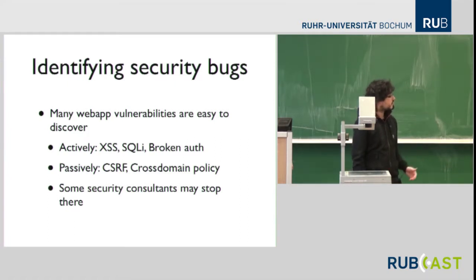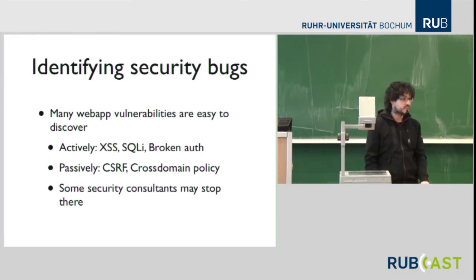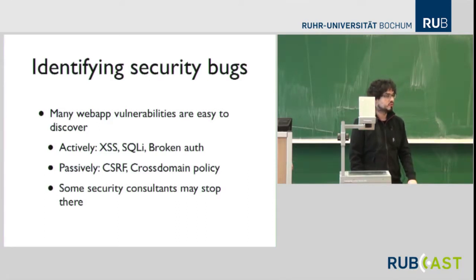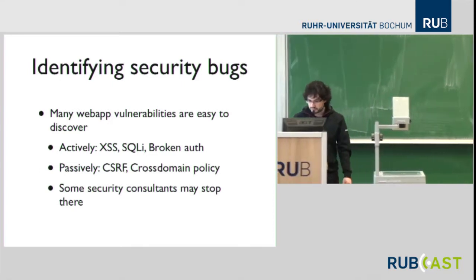Same thing with the cross-domain policy. When the Flash cross-domain policy is too permissive, the web browser sends a request automatically most of the time to crossdomain.xml, and you can see what it's receiving. So it doesn't require a lot of work.